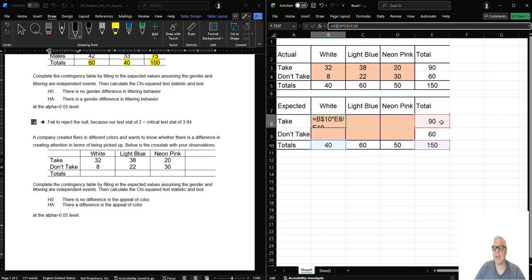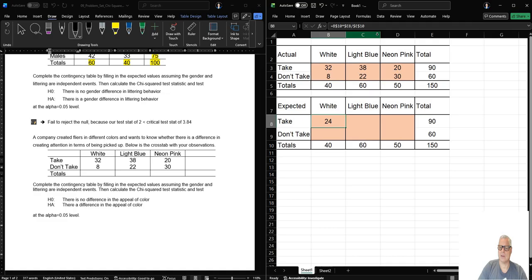As for the 90, I need to put a $ in front of the E, because I want to copy down this formula, but I don't want it to shift to the right. And divided over the E10, I need to put a $ in front of the E and the 10.